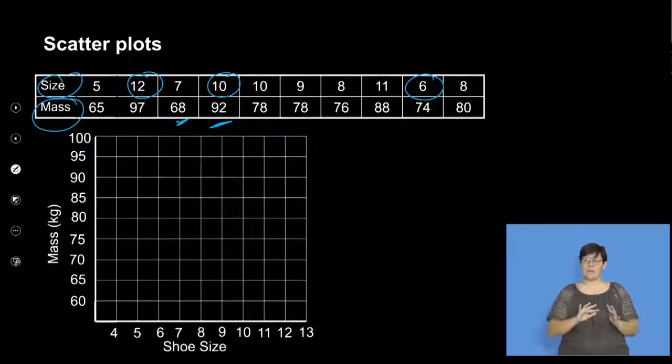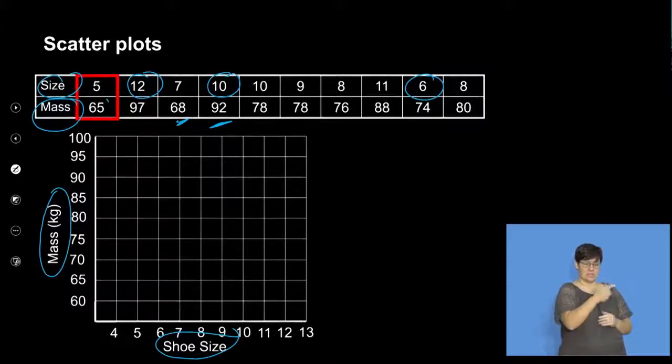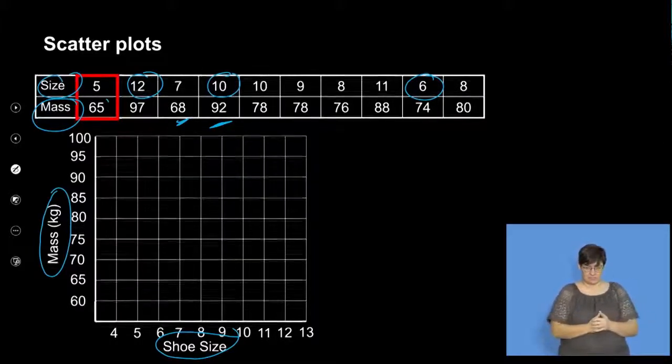Let's see how we represent this on a scatter plot. We're going to start with 5 and 65. Shoe size is the independent variable on the x-axis, and mass in kilogram is the dependent variable on the y-axis. You can see that.